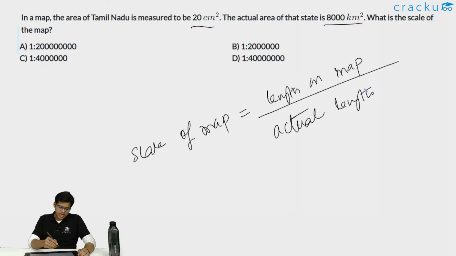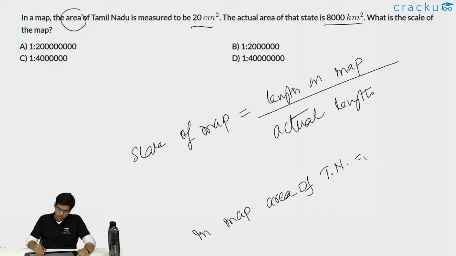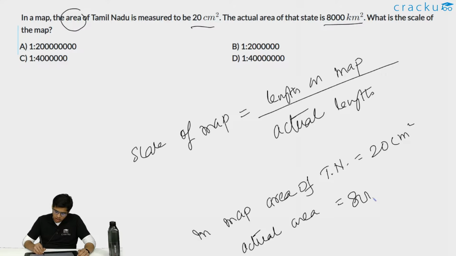Now we know, guys, area. Here it is given what? Area is given. In map, area of Tamil Nadu is what? 20 centimeters square. And actual area is what? 8,000 kilometers square.